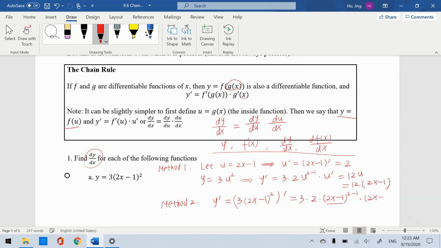So 2x minus 1, then prime. Now here becomes 6 times 2x minus 1, then 1, and here is 2. So your cleanup is 12 times 2x minus 1. Either way, the first method is based on our definition. Then you get familiar with this kind of method, and you could move on and next time do it faster.